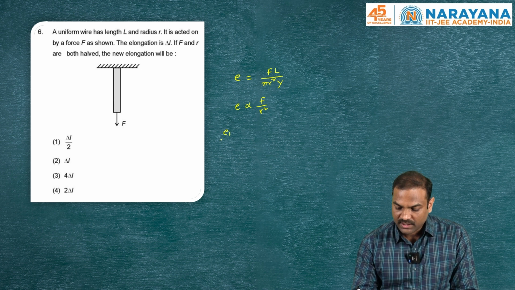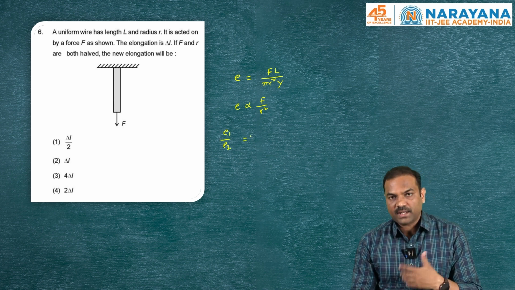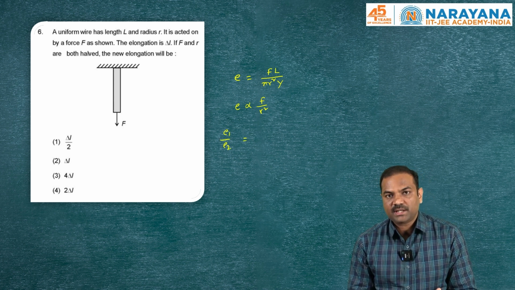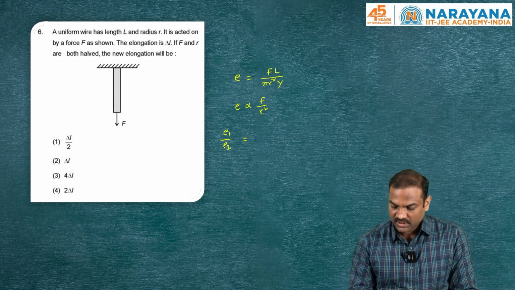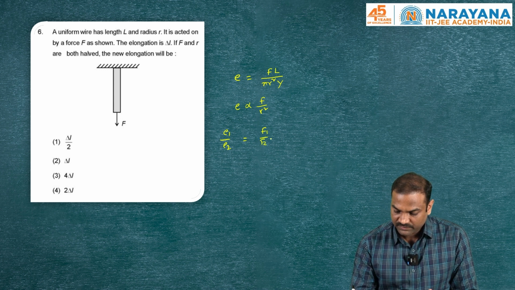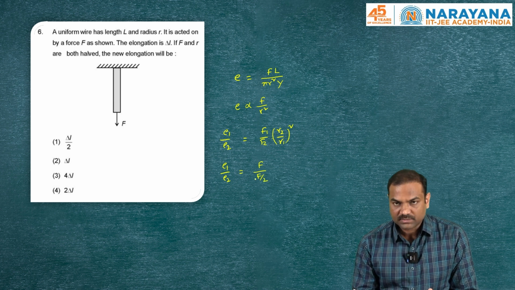Then E1 by E2, my assumption is E1 is the extension in the first case and E2 is the new elongation they are asking. So it is F1 by F2 multiplied with (R2 by R1) whole square. E1 by E2 is equal to F1 by F2, where F1 is F and F2 is the new force.